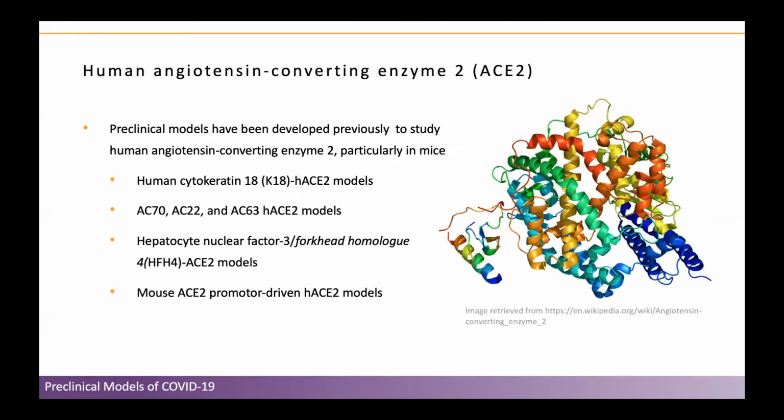Now, the one good side to this is the ACE2 receptor has been heavily studied before for various diseases, especially in response to blood pressure and hypertension. So many preclinical models have been developed previously to look at rats or mice expressing this human ACE2 receptor. I've listed a couple here.